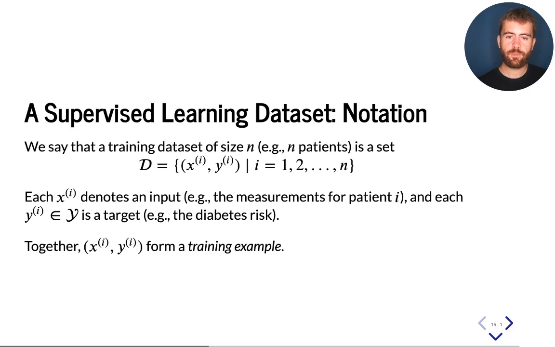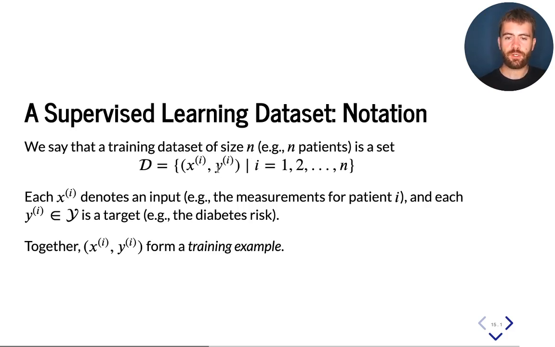And specifically, I will define a data set as a mathematical set that you can see here of tuples x and y. There are n tuples in this data set, and they're all indexed by the variable i, which appears here as a superscript.